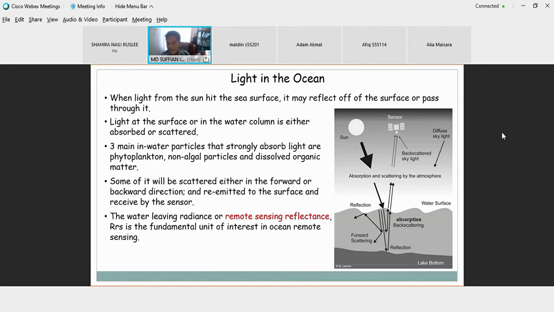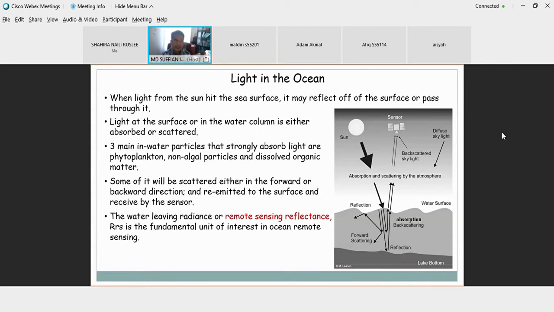What is dissolved organic matter? DOM is not in liquid form, it is not actually dissolved. Dissolved organic matter is particles smaller than 0.2 micron, that means particles that can pass through a 0.2 micron filter paper.